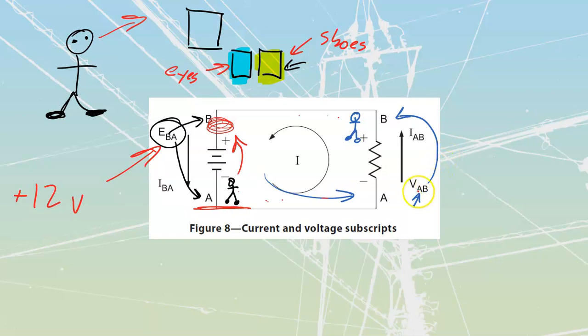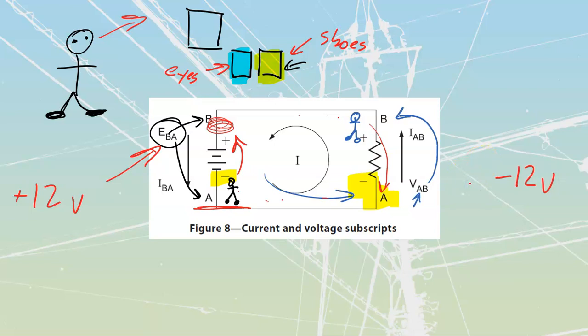Well, I'm going to be looking across to my A, like that. So if I'm standing on B, and I'm looking across to A over there, I would say that the A point appears to be more negative. It's attached to the negative end of the battery over there, which is what assigns our polarity to this thing. So I can say that I have got a value from where I'm standing over there. If I'm going to look at VAB, I would say that VAB is equal to a value of negative 12 volts because it's going to be a load. It's going to drop all of my source value of voltage across it. So a negative 12 volts.